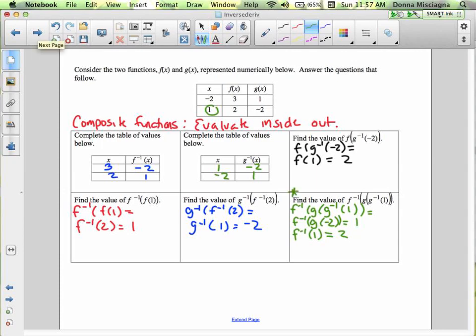All right, but let's leave that one there. Let's just make sure there's no mistakes. F inverse of g inverse of 1. So if I wrote the right thing, if I plug in 1, I'm going to get negative 2. If I plug in negative 2, I'm going to go back to 1.